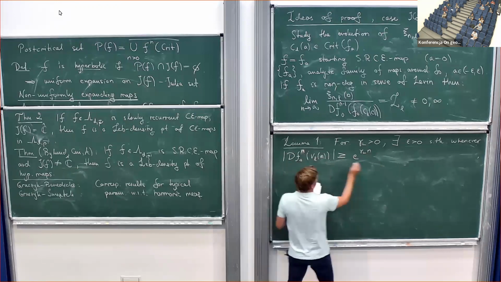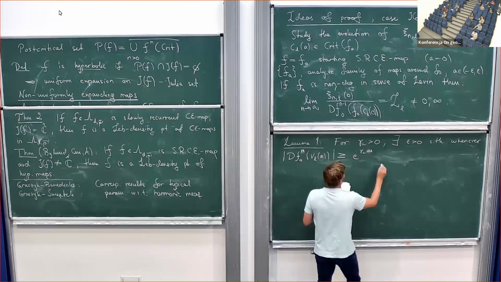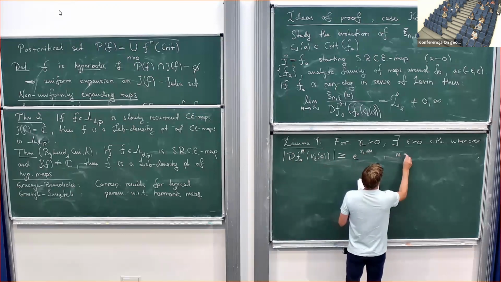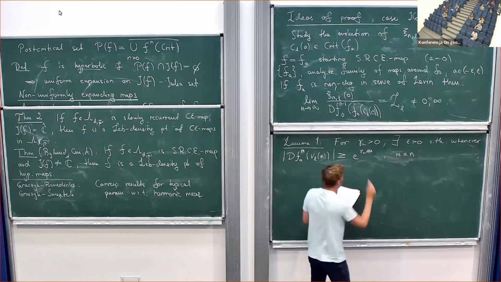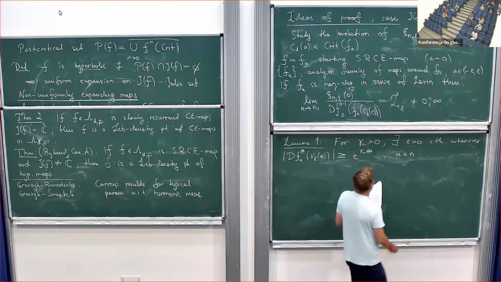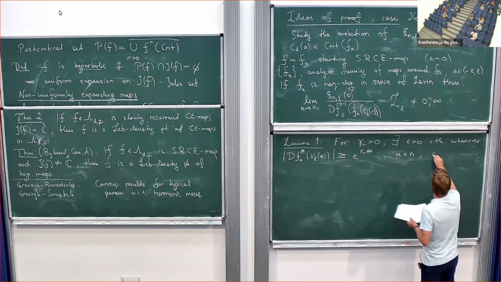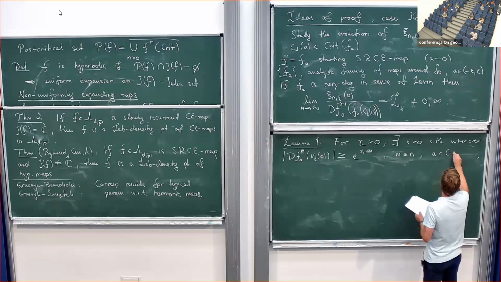So you have some growth like this up to n, and a is some parameter inside the interval which I started with.